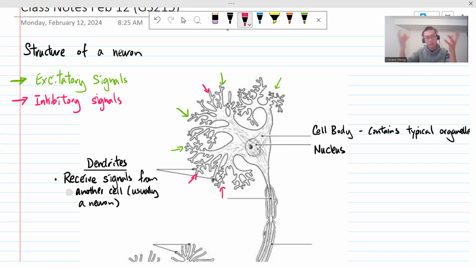So at any given time, the neurons are receiving these excitatory signals and inhibitory signals, and in the cell body, this is where you are going to interpret those signals. You're going to count them up. You will add up all the excitatory signals, you will add up all the inhibitory signals, and you see which one is stronger. Okay?